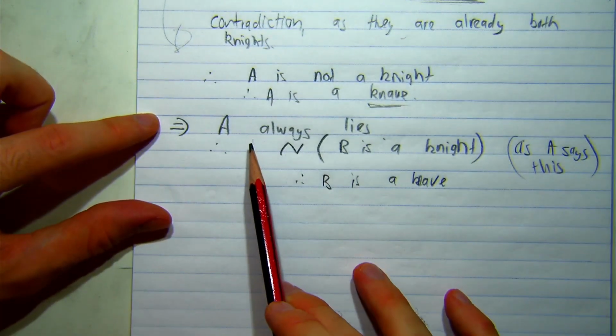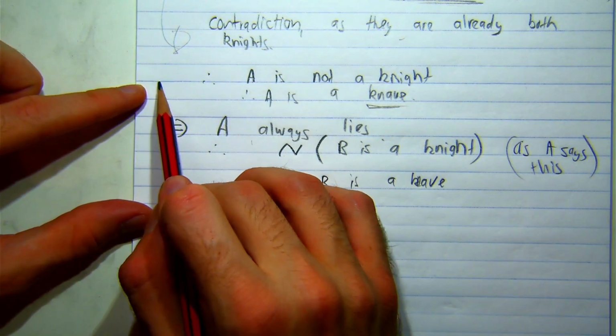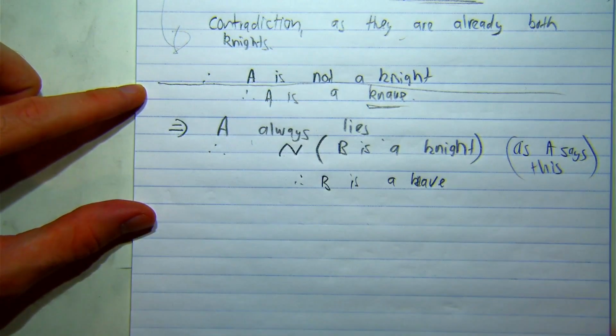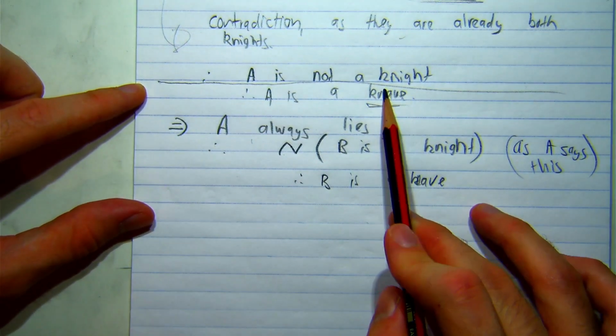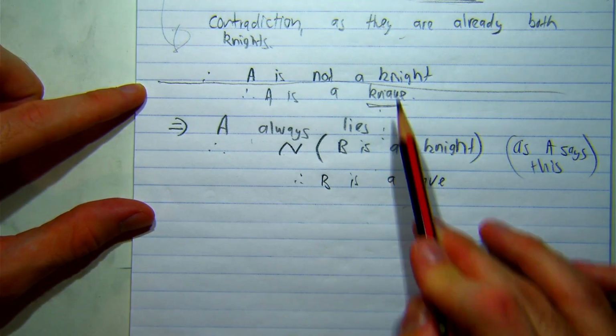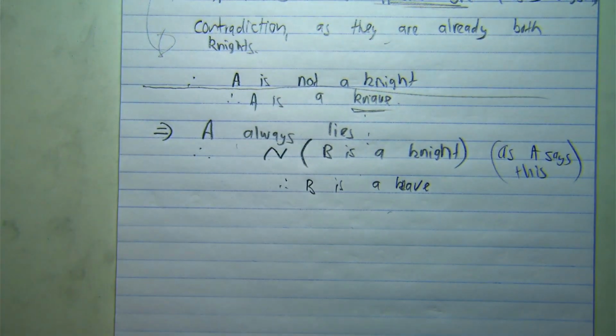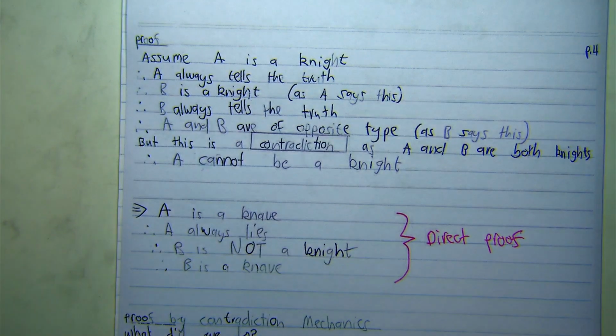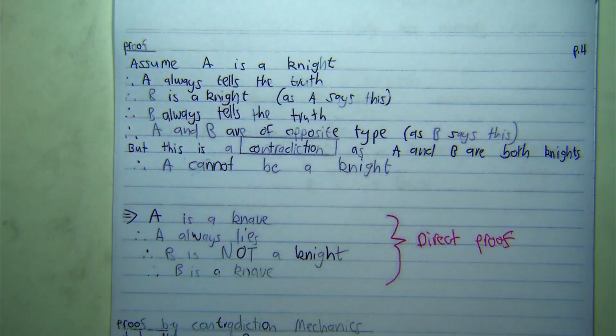And then the second part was using the fact that A is a knave. The conclusion of this first proof is the beginning of our second proof, to just directly prove that B is a knave as well from that. And together that shows an example of a direct proof and a proof by contradiction.